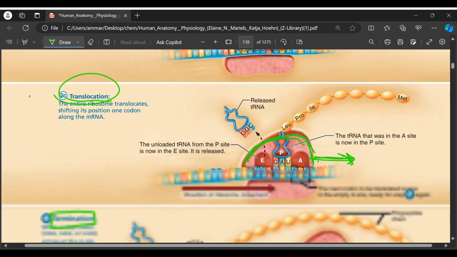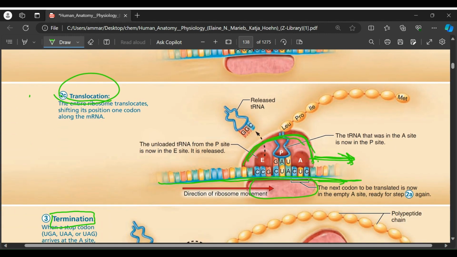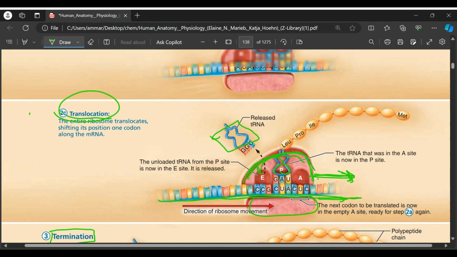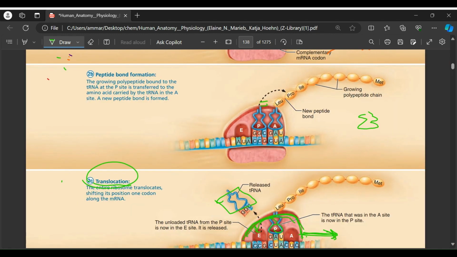An important thing, as illustrated here: the tRNA that was in the P site becomes in the E site. We said that before the ribosome moves, this tRNA in the P site will lose the polypeptide chain. So now it doesn't have an amino acid, so we are okay with it going.